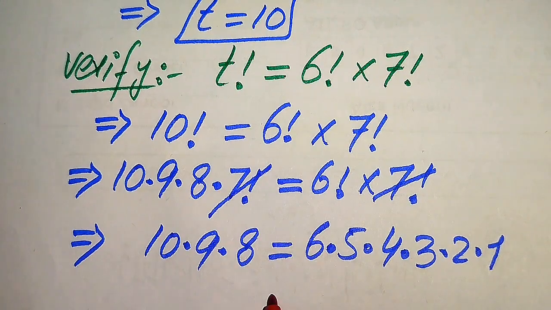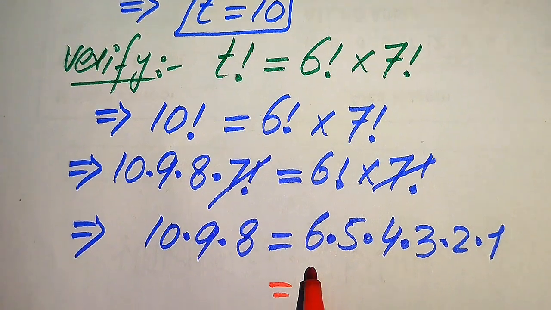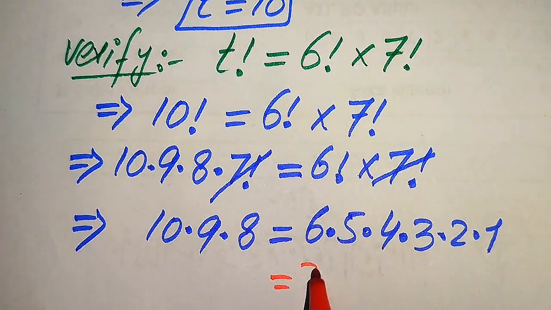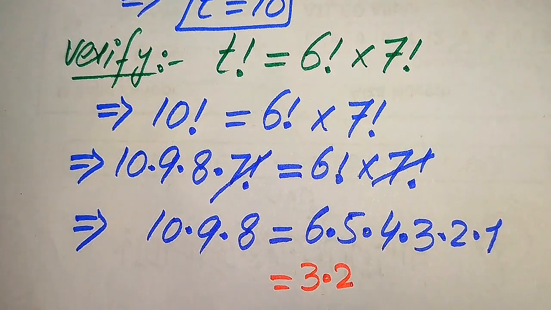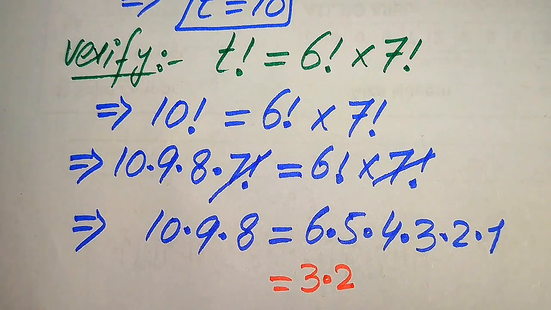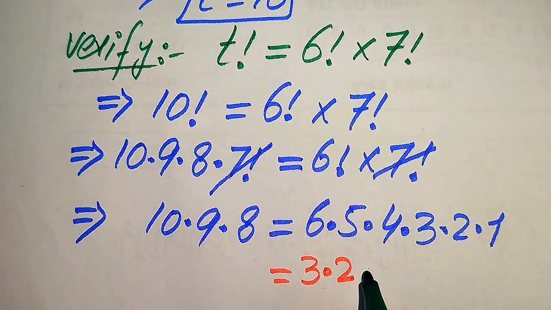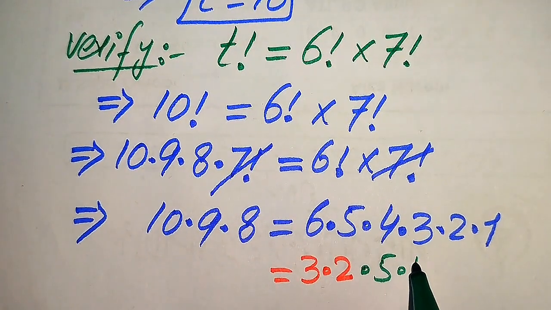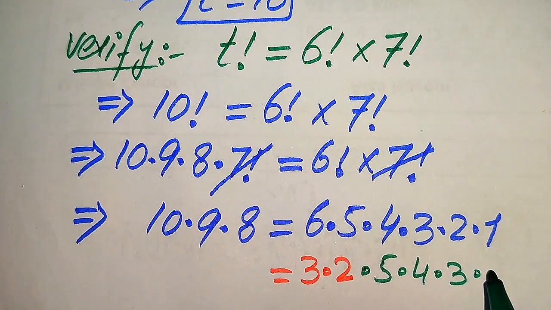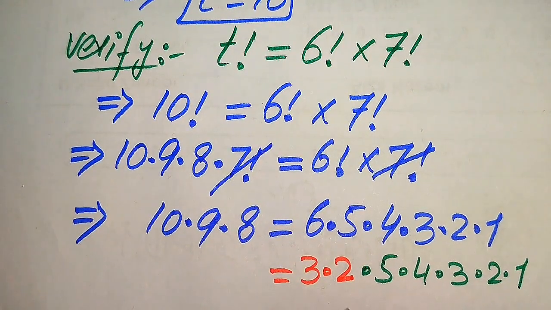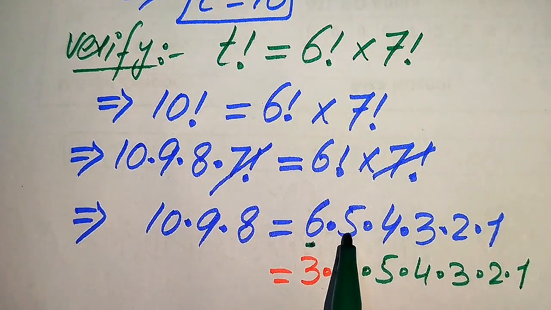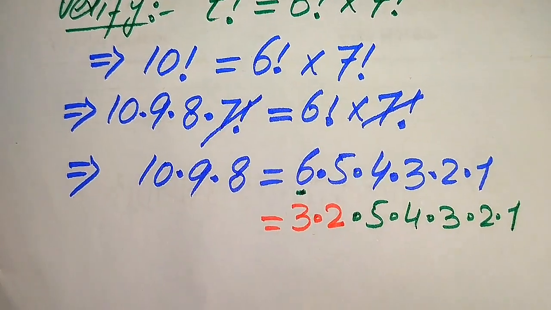And now in the next step we focus on this 3, and we break this 3 as 3 times 2, and we get the other remaining values 5 times 4 times 3 times 2 times 1. So we break only 3 in this form, and we write all these values here.